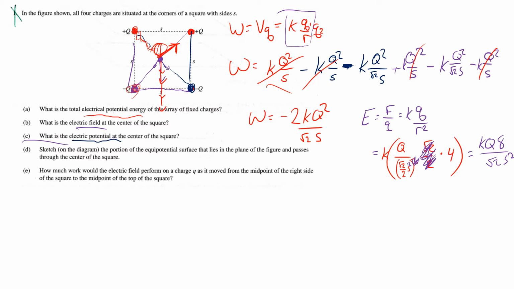At the center of the square, it's going to be kind of similar. So we're going to add up 4 voltages. It's going to work the same way though. It's actually, this one is going to cancel out, so this is going to equal 0. Why is it doing that?